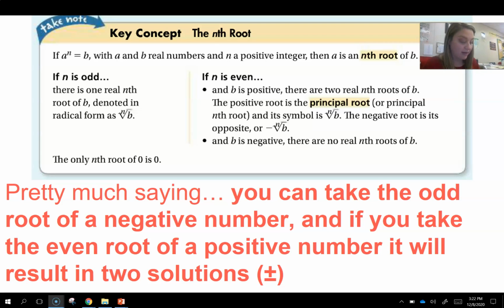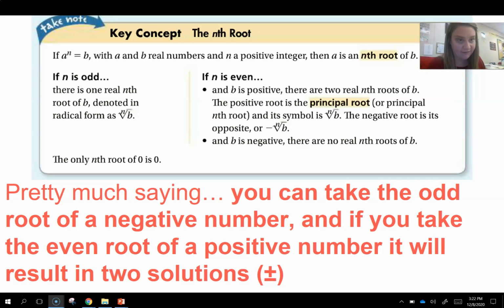A square root means two of the exact same thing. So if I have two negatives, or if I have two positives, I'm still getting a positive 25 no matter what I do, okay? So the square root of 25, the number multiplied to itself to get 25, could be negative 5 or 5, right? We know that. But what if I add a third number?